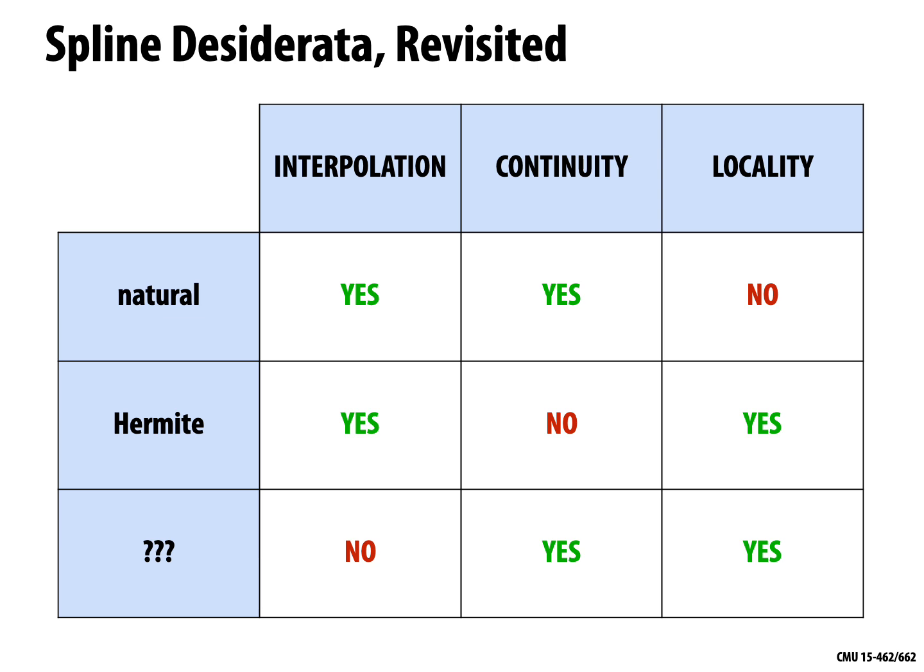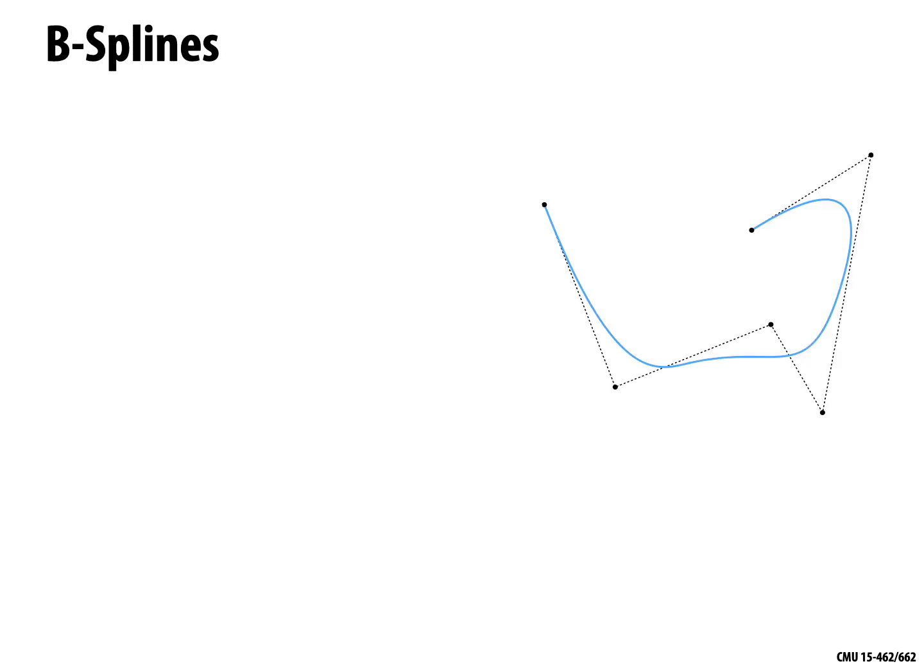The Hermite spline was interpolatory and local, but it didn't have C2 continuity. We didn't say anything about the second derivative. And so just looking at this table, it feels like there should be a third option. There should be a kind of spline that has C2 continuity, has local control, but doesn't interpolate. What does that mean? So that's the idea of a B-spline.